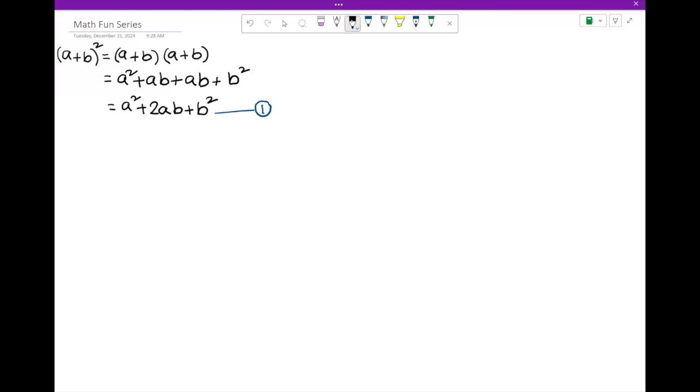You can get the same thing with a minus b whole square. This is formula number 2. Now we add these two formulas, 1 plus 2.